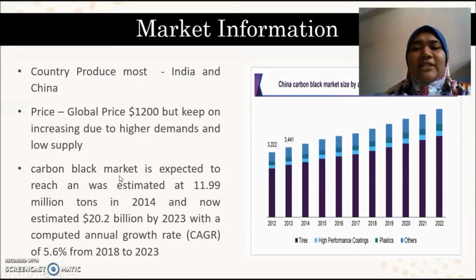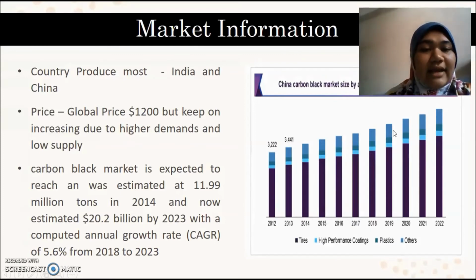The carbon black market was estimated at 11.99 million pounds in 2014 and is now estimated at around 20.2 billion by 2023, with a compound annual growth rate, or CAGR, of 5.6% from 2018 to 2023.